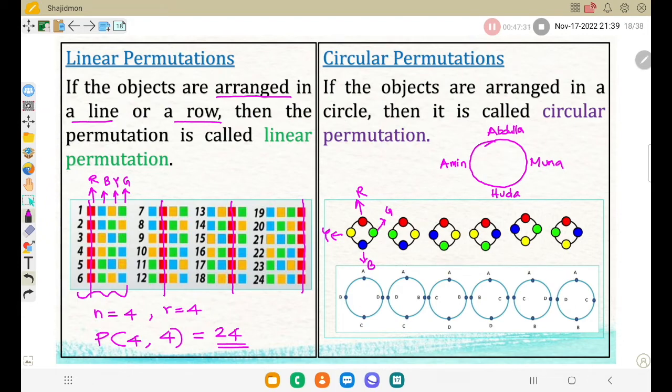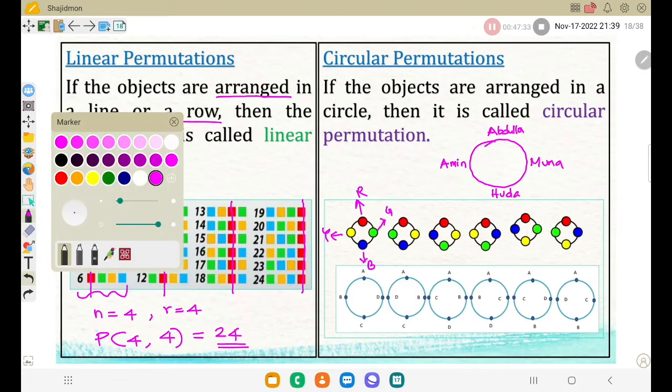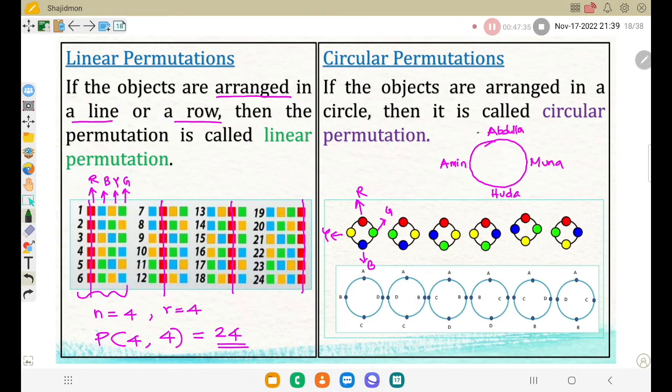So see what happens in this circular permutation. If I take this direction, Amin is near Abdullah, Huda is near Amin, Muna is near Huda, and Abdullah is near Muna. So the near persons are what we need to arrange.